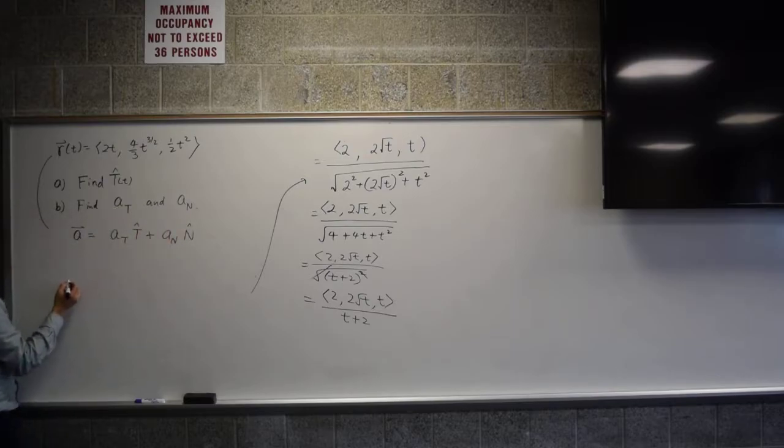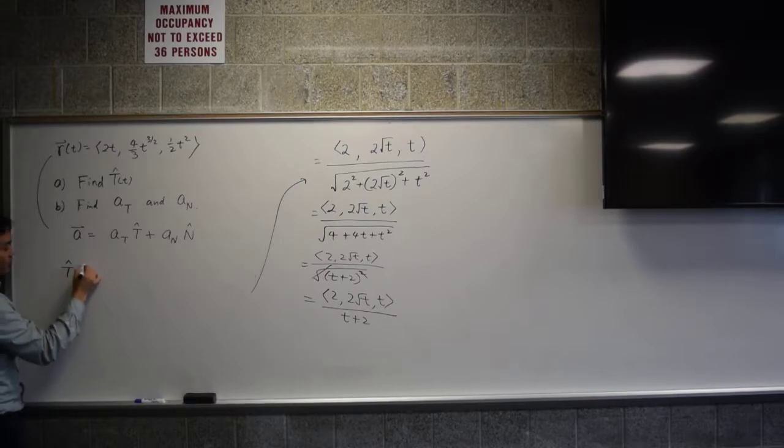Okay. Now, I don't think I gave you the formula for finding AT and AN, so let's think about how to get AT. So here's what you do. Suppose you take the T vector dotted with A. What would we get?